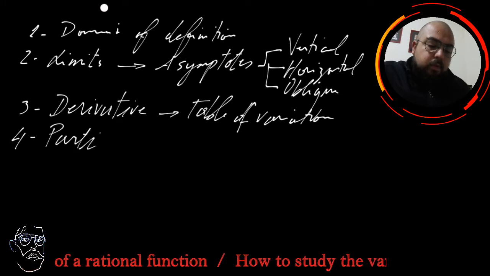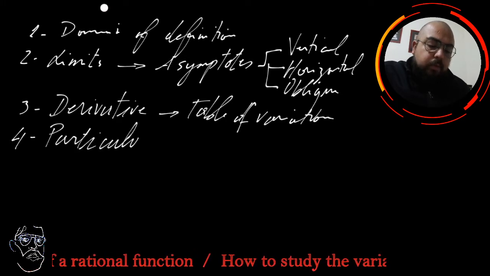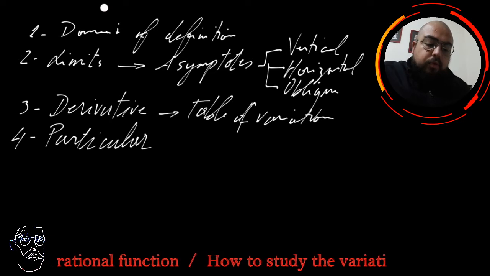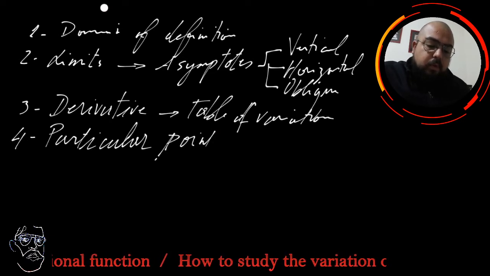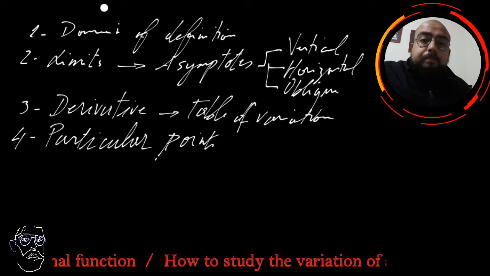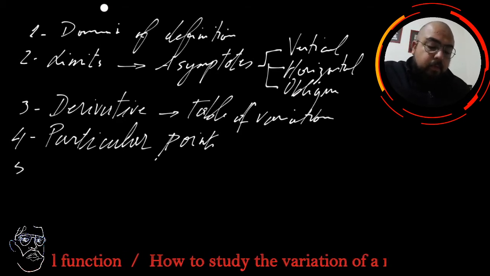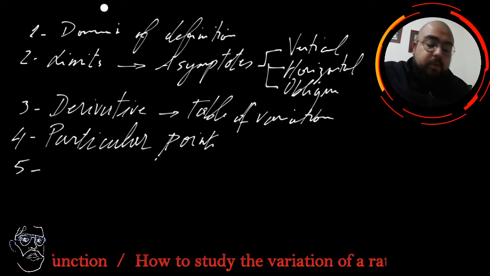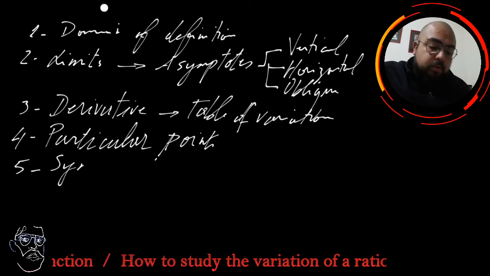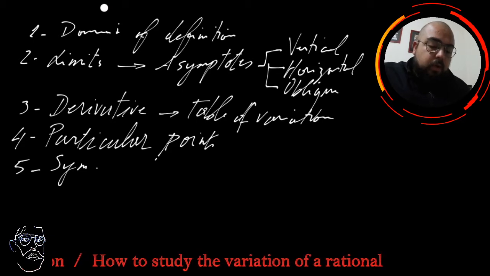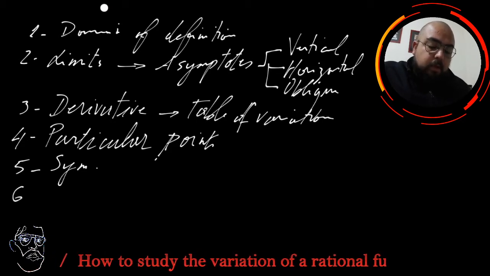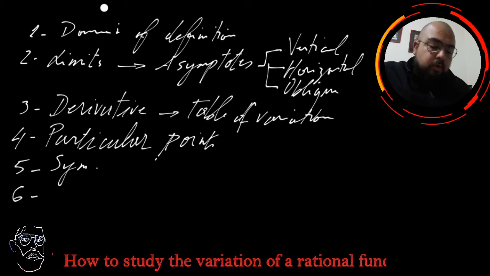Of course, these points are going to help you in order to draw the curve. The fifth step is to talk about the symmetry. If there is a symmetry, we can talk about it, or we can leave the symmetry as the last step, after drawing. As for the sixth step, it is to draw the curve.